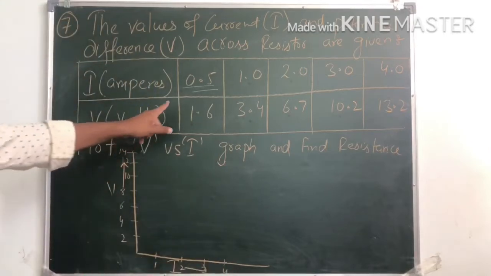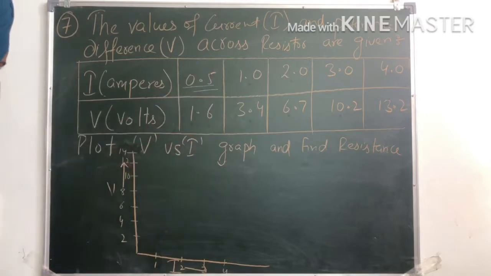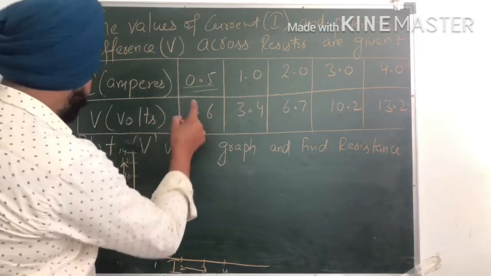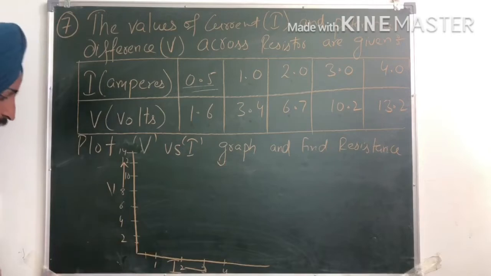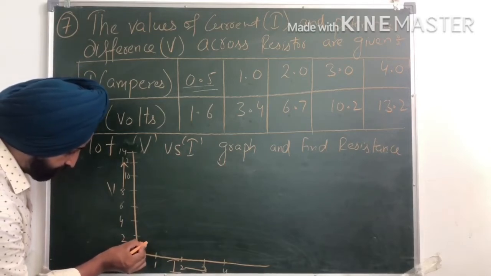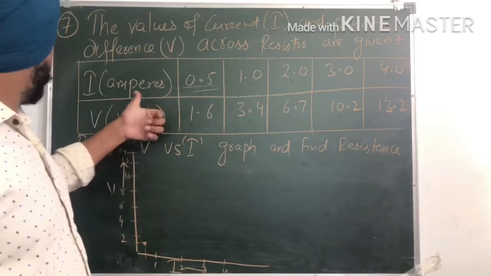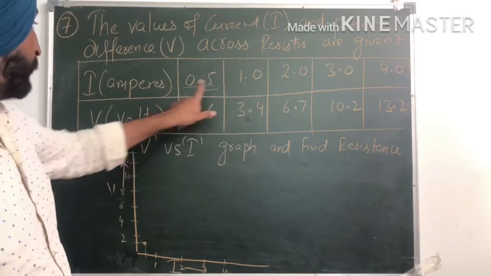Fine. So now when voltage is 1.6, current is 0.5. So current 0.5 will be over here and potential is 1.6, and 1.6 will lie somewhere over here. Fine. So I will be joining these 2 points and I will get this point. Similarly, corresponding to voltage of 3.4, you have current of 1 ampere.